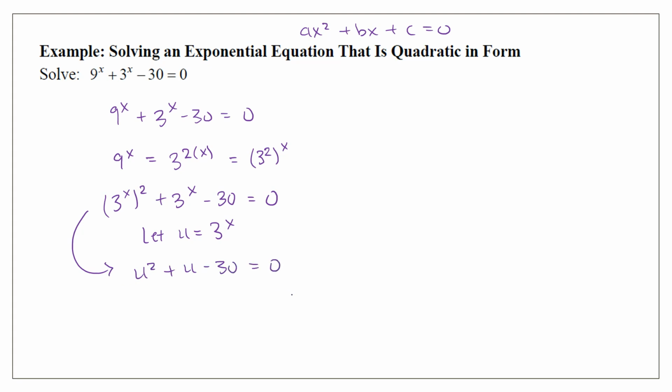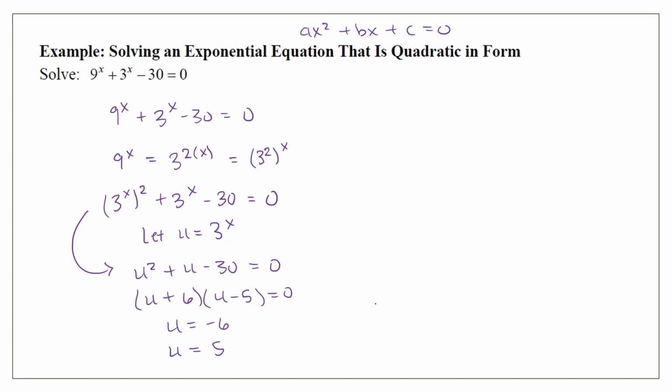And now I have an exponential equation that is written in quadratic form. This will allow me to factor, so I have (u + 6)(u - 5). So I'll have u equals negative 6, and I'll have u equals 5.